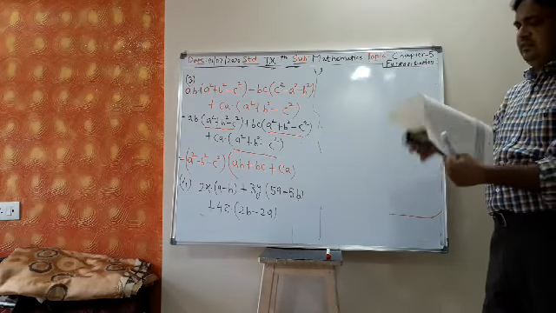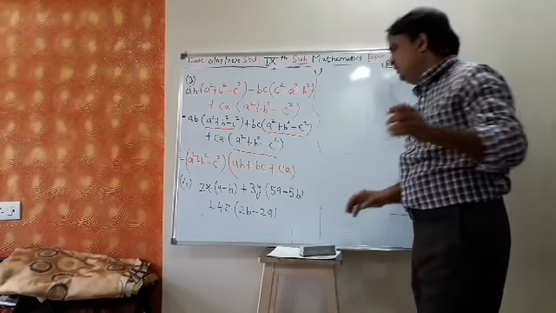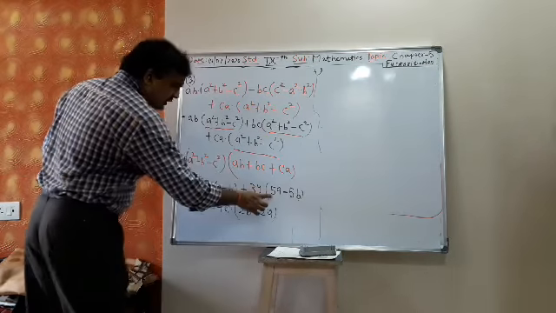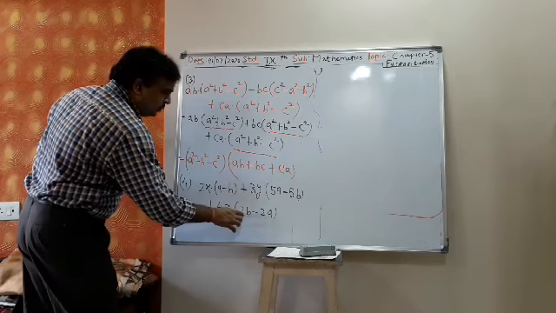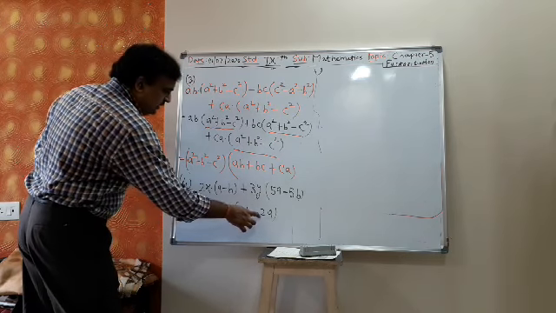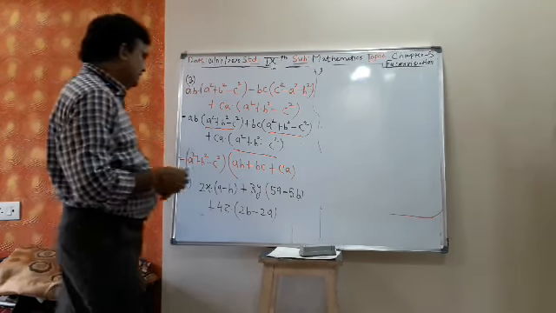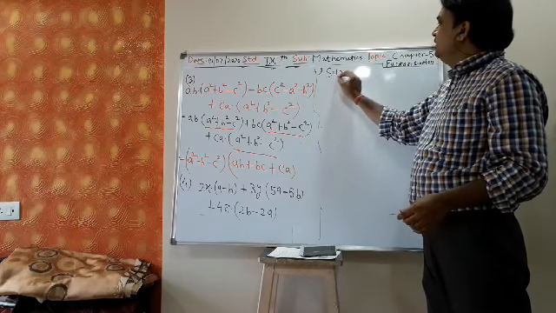See what you will do: in the second term you take 5 common, and in the third you rewrite 2b minus 2a, taking 2 common, and then rewrite b minus a. Let me do this.